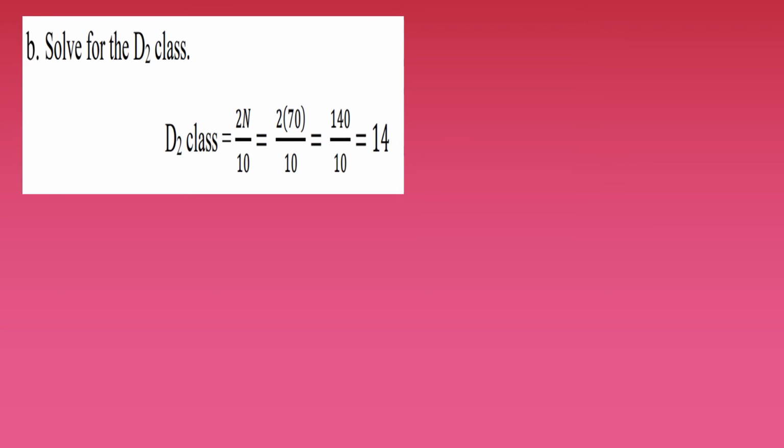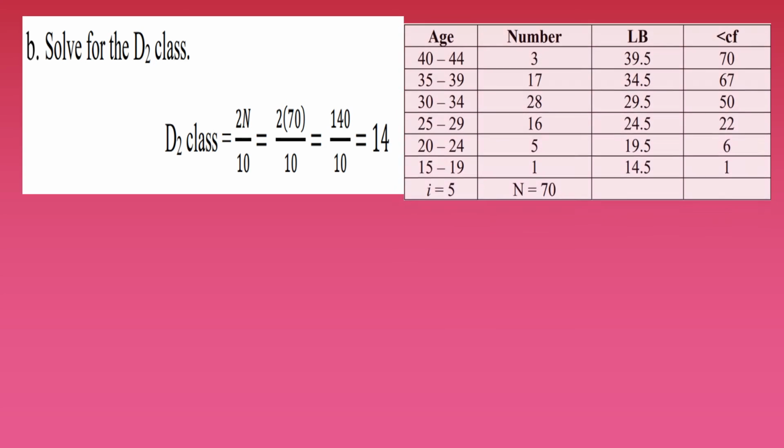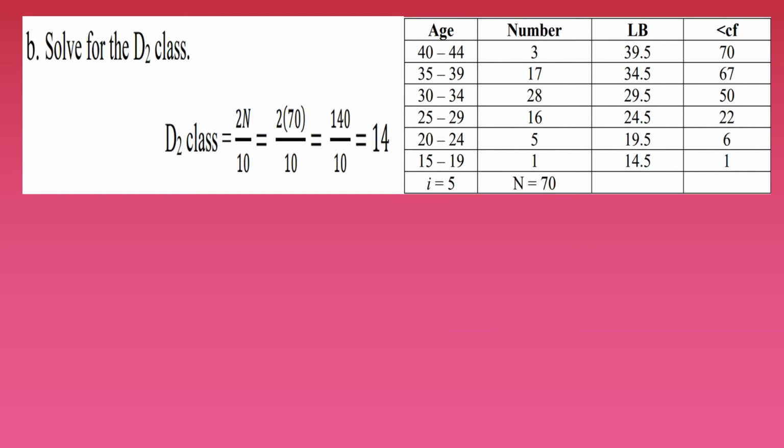After completing the frequency distribution table, let us solve for D sub 2 class. D sub 2 class is equal to 2 times n over 10. That is equal to 2 times 70 over 10, which is 140 divided by 10. That is equal to 14.